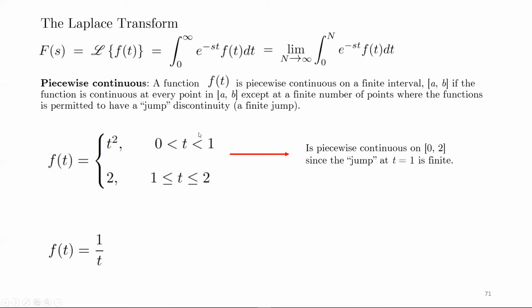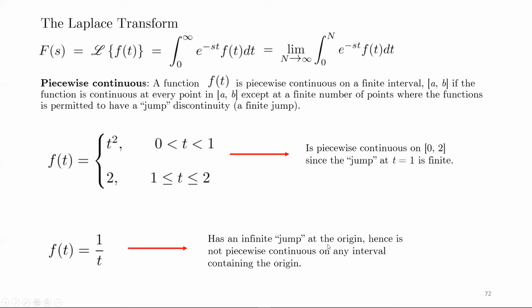At t equals 1, here t squared is 1, and here it is 2. So we get a finite jump between 1 and 2, so this function is piecewise continuous. However, the function f of t equals 1 over t has an infinite jump at the origin, because this is going to infinity as t goes to 0. So this is not piecewise continuous on any interval that contains the origin, t equals 0.